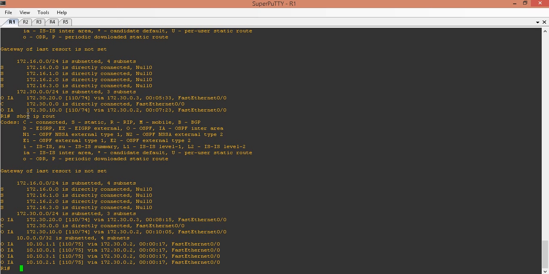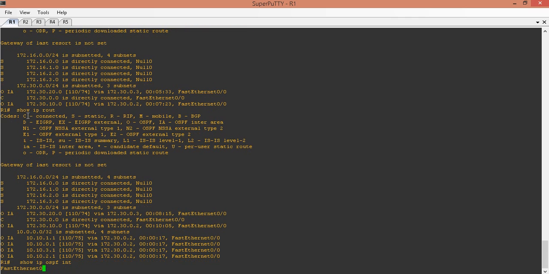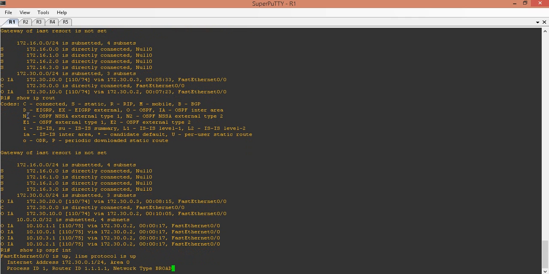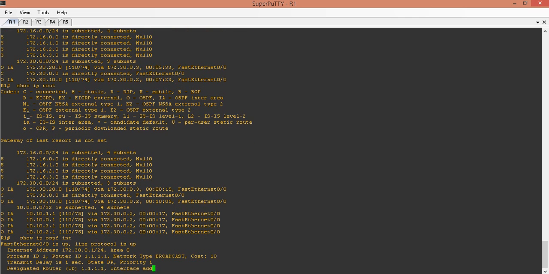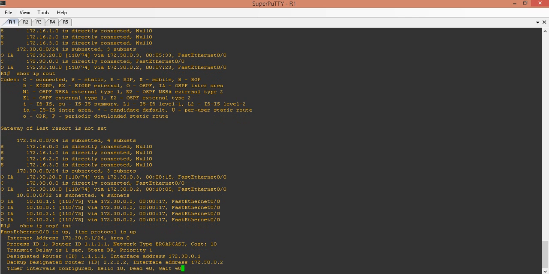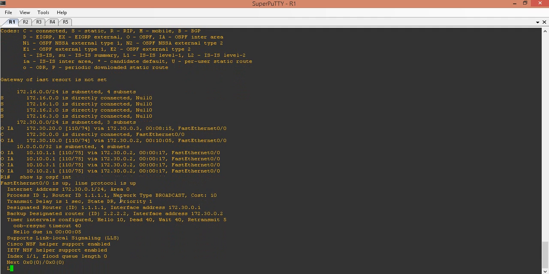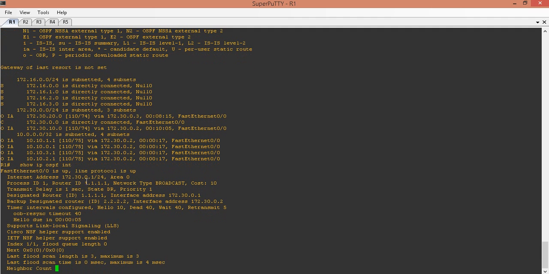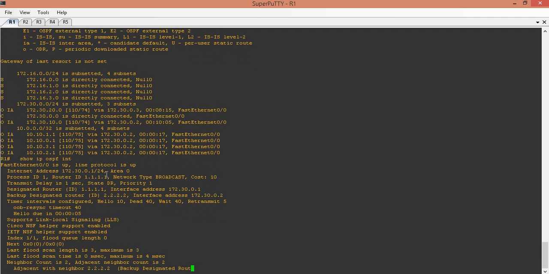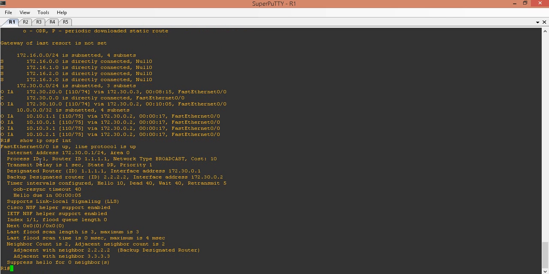So how will I know that? So show IP OSPF interface, I will know from that. There is also another command. I can see that FastEthernet 0/0 is up, line protocol is up, internet address 172, area 0, the process ID, router ID.